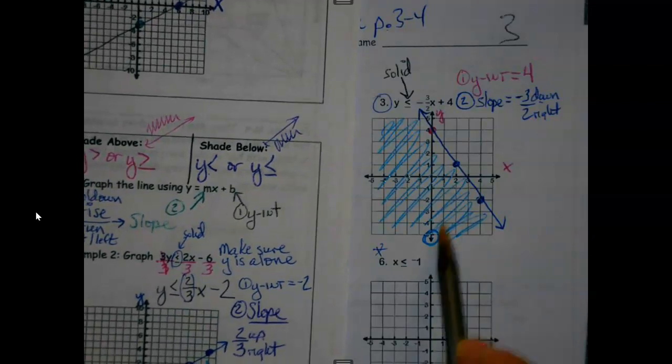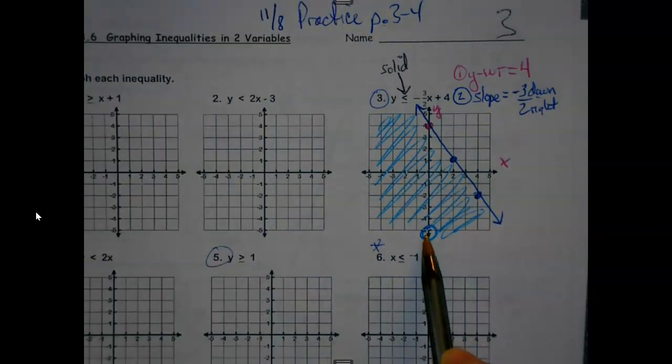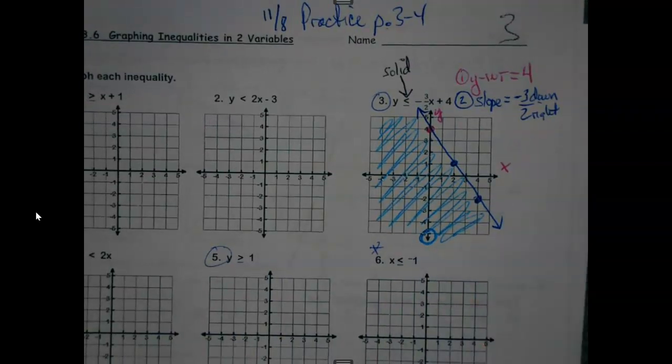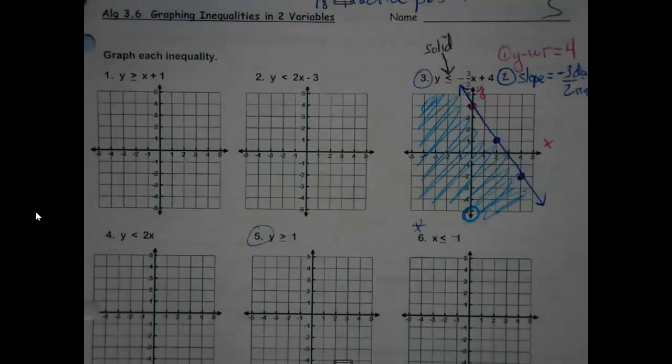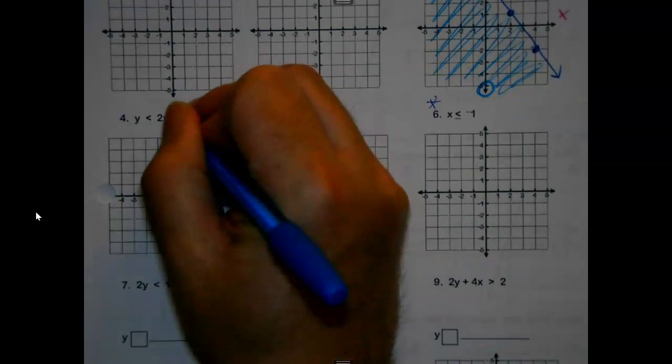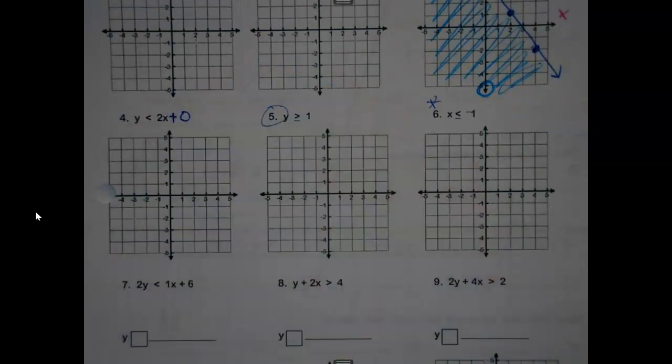The arrows will help you when you're trying to figure that part out if you're not sure. And so we've got that set. For any of these, a couple of things to mention. If there's an x value but you don't see a y-intercept, that's assumed to be 0, 0, not 1.